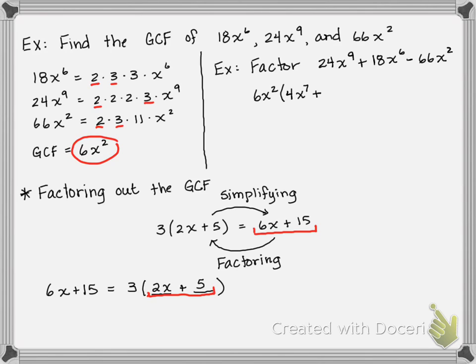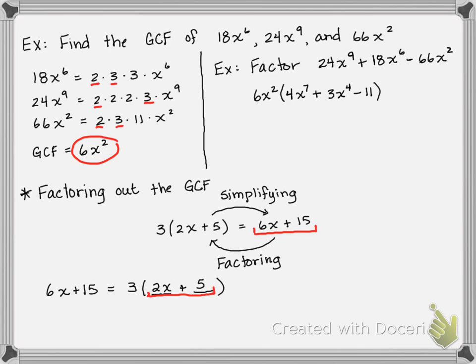And then what would I have to multiply 6x squared by to get 18x to the 6th? 3x to the 4th. And then between the second and third term is subtraction. And then what should that last term be? 11. Just 11, right? Because we pulled out both factors of x, and so there's no factor of x, so it's just the 11.